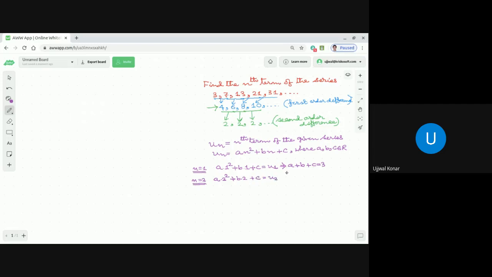What is the value of u2, Sagnik? 4a plus 2b plus c. No, that is the expression. But from the series, what is the value of u2? From the series, u2 is 7, correct, no?